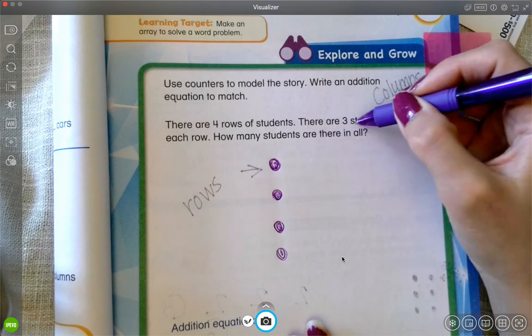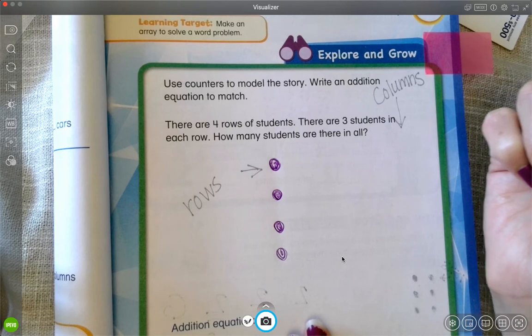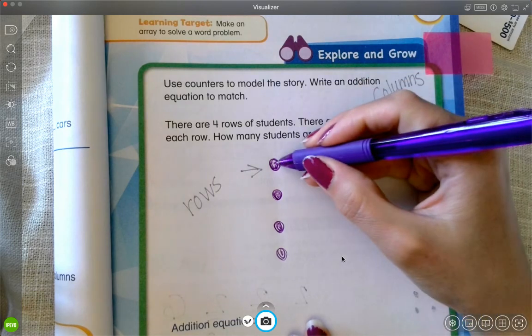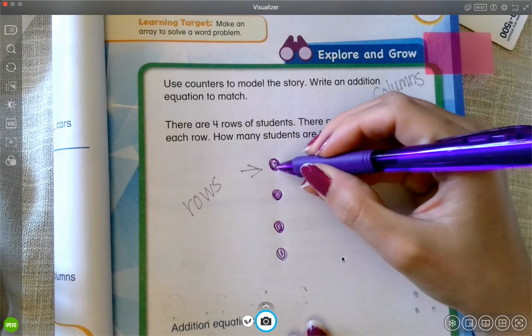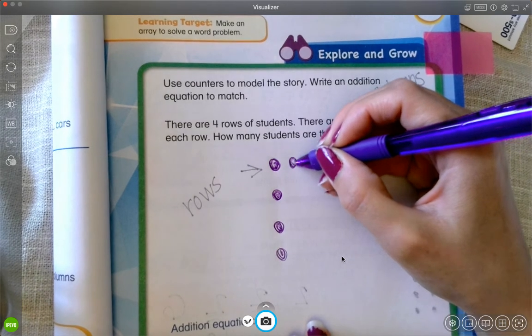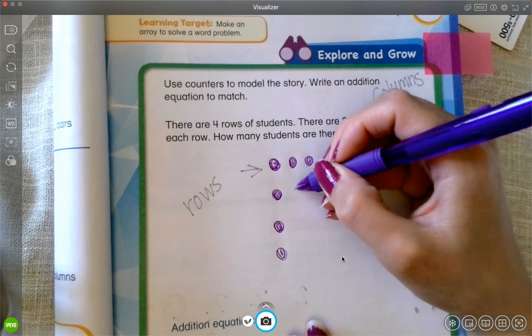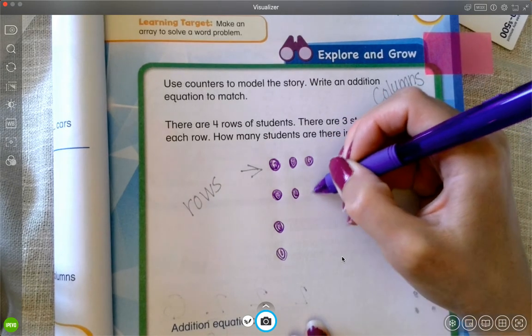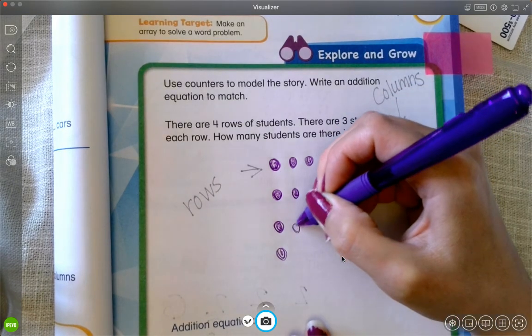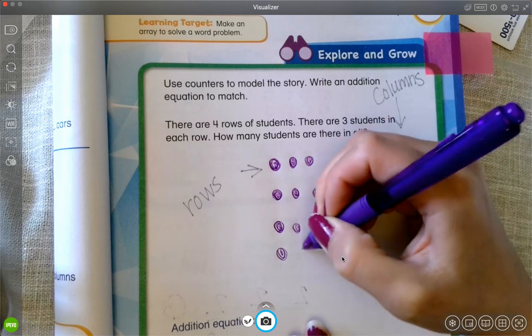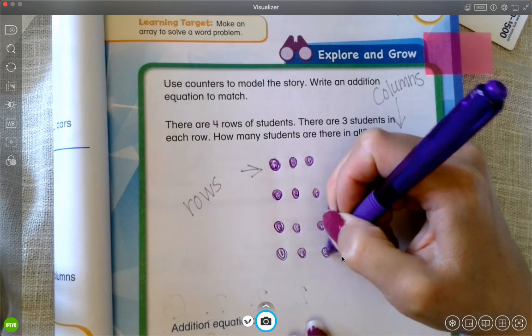And then how many students are in each row? 1, 2, 3. So I already have 1. I'm going to go 2 and then 3. Okay? So you're going to do that all the way down.